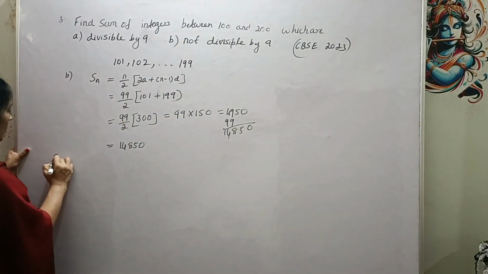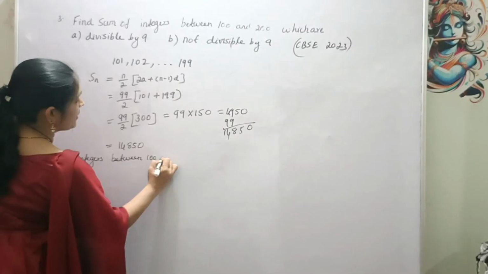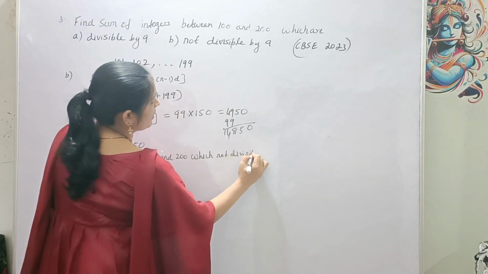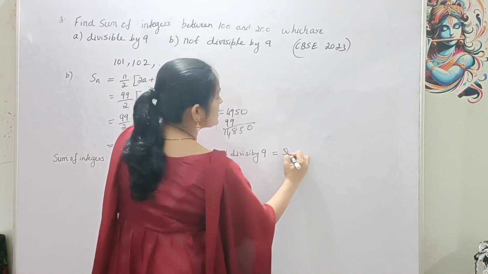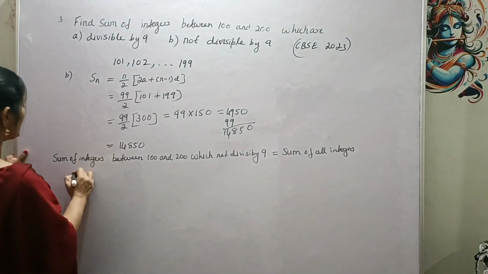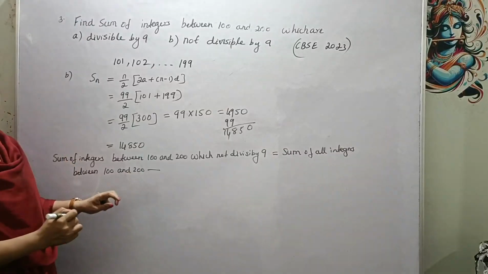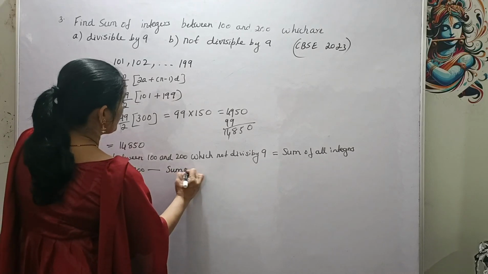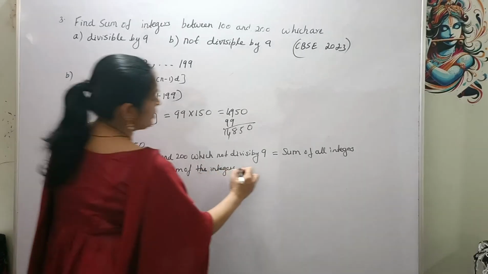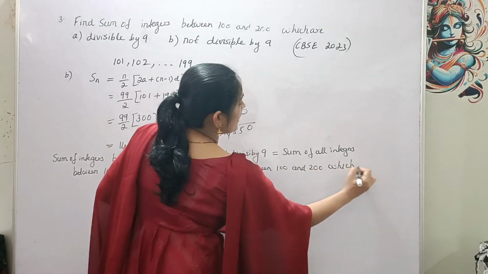So that is equal to the sum of all integers between 100 and 200 minus the sum of the integers between 100 and 200 which are divisible by 9.